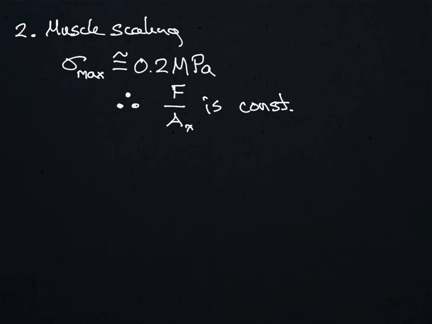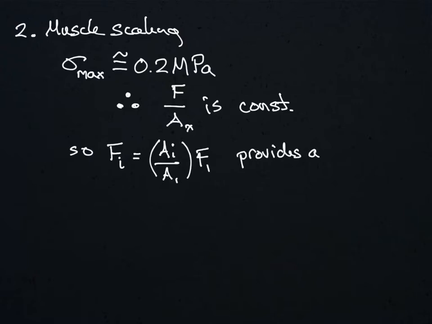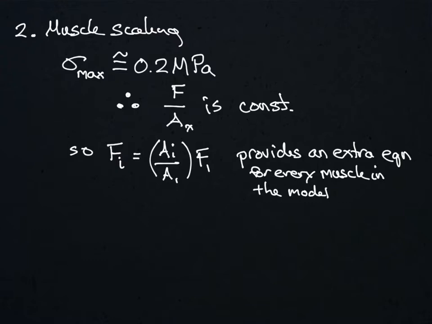That's super useful because we can write an equation for each muscle where we take the total area of the muscles, the total force generated at the knee, and use the ratio of the area of the muscle to the total area and the forces to provide an extra equation for every muscle in the model. So this gives us an extra equation for every single muscle in our model, which is good.